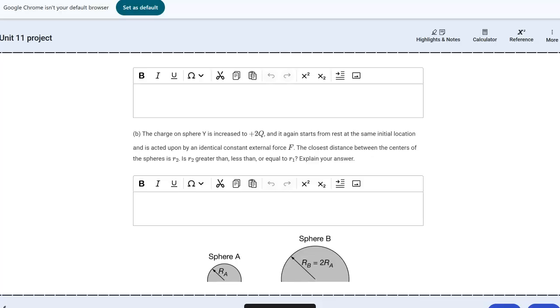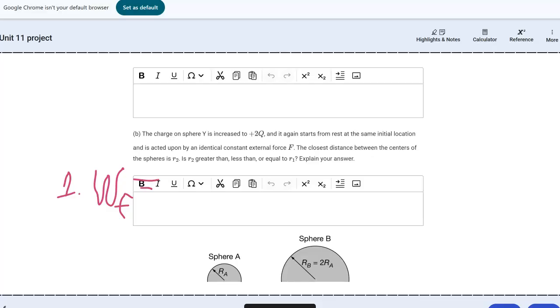So for the work, is R2 greater than, less than R1?